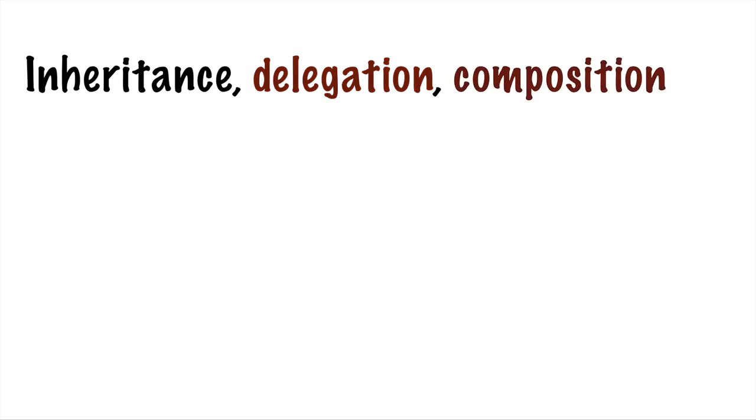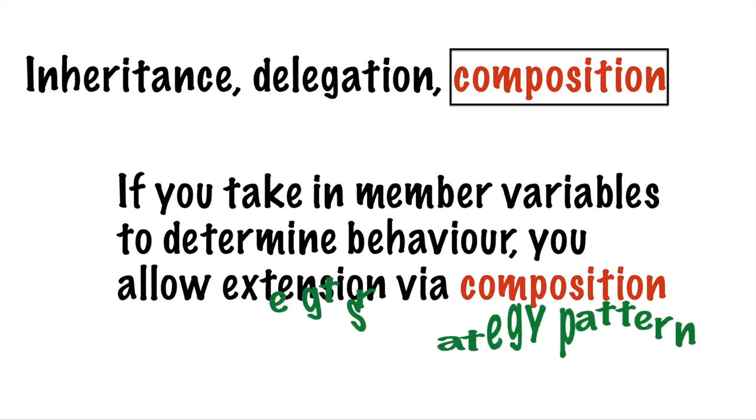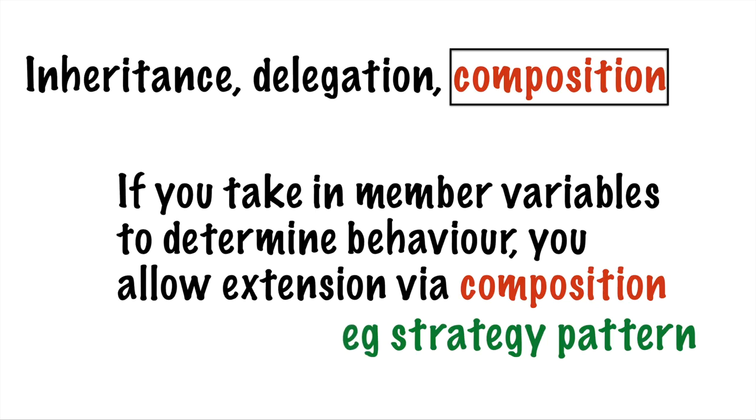And the third important mechanism that can be used to ensure that classes are open for extension is composition. What is composition? Composition refers to a way in which you pass in member variables to determine the behavior of your classes. It's as simple as that. You have a member variable which is of type of some particular interface.